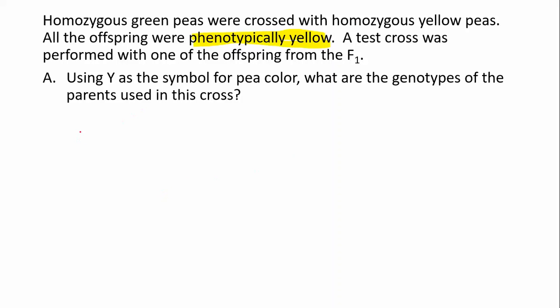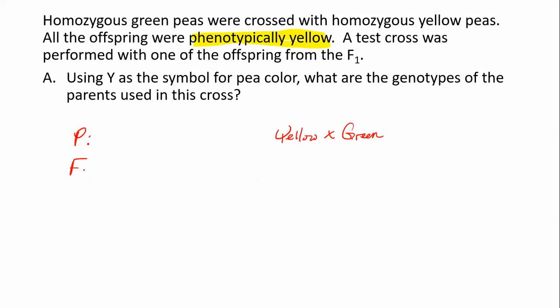So the parental generation is going to be, one set is going to be homozygous dominant, the other set is going to be homozygous recessive. So we're crossing basically yellow with green. All right. All of the offspring were yellow.